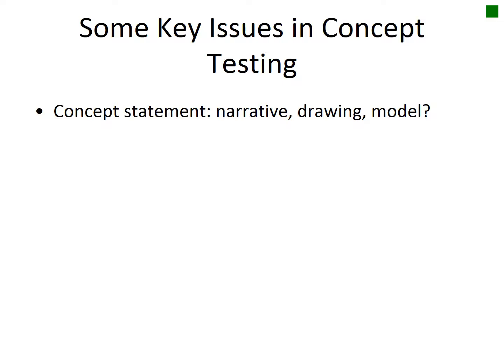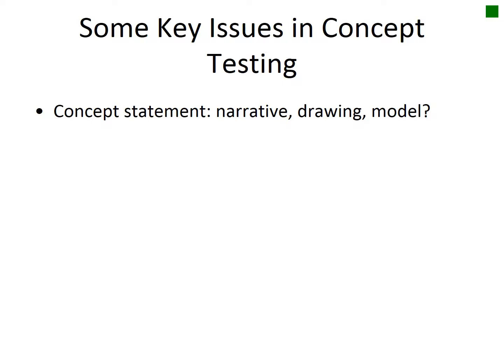Occasionally there'll be a drawing or some type of an illustration that shows what the product looks like in addition to the narrative. And in some cases, we may even have some type of a model that the customer could hold if this is a face-to-face type of an interview where they're evaluating the product in person. That's not required, and it's akin to having a prototype.